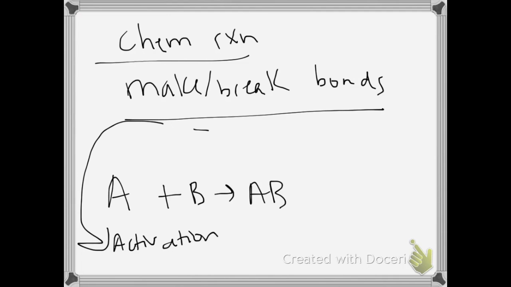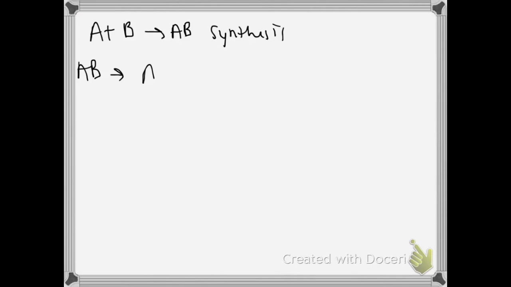So these different reactions, we're starting with this A plus B to AB. That's called a synthesis. A plus B to AB is a synthesis. If I have AB to A plus B, this is a decomposition.